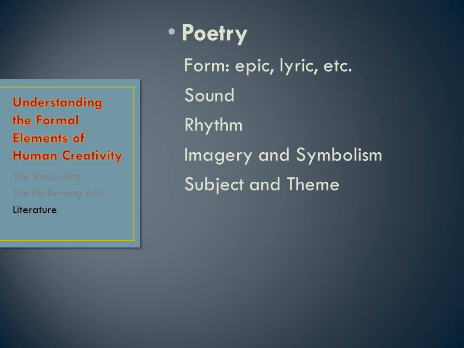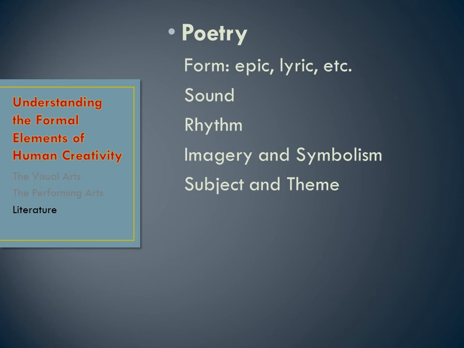So poetry uses sound and rhythm. It also uses imagery and symbolism. The language of the poem may refer and make the reader think of not just what the words on the page say, but they create mind pictures, word pictures for the reader. And as we talk about particular forms of poetry as we go along in the course, we'll talk a little bit more about that.